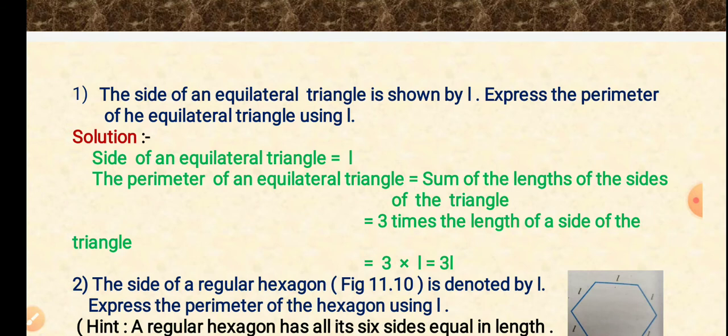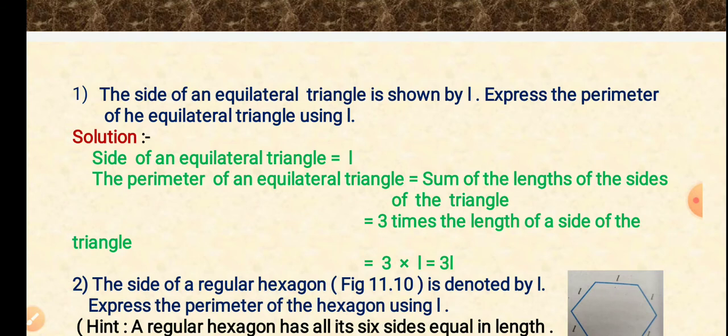Now we know that a triangle is a polygon which is made up of three line segments. So what is meant by polygon? Polygon means a closed figure which is made up of three or more line segments.